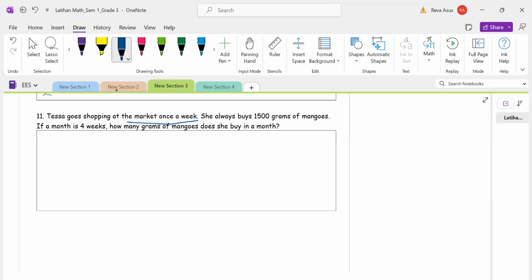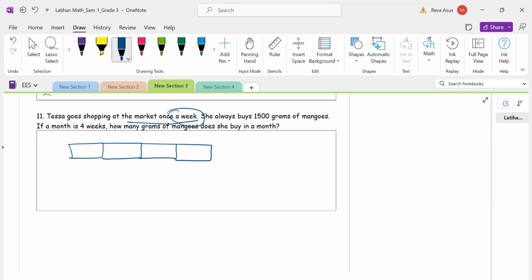She always buys 1,500 grams of mangoes every time she goes shopping. If a month is 4 weeks, so there are 4 weeks. 1 week, 2 weeks, 3 weeks, 4 weeks.